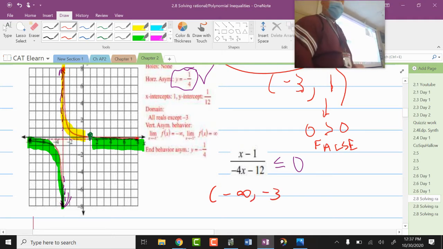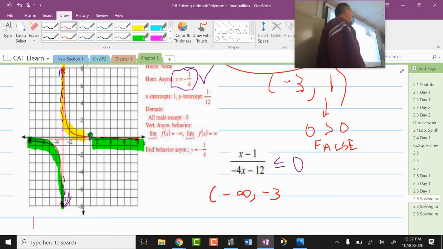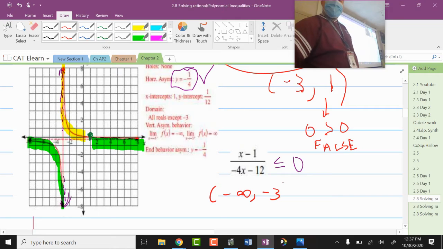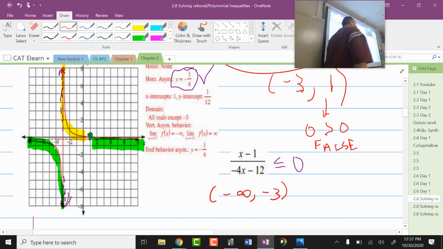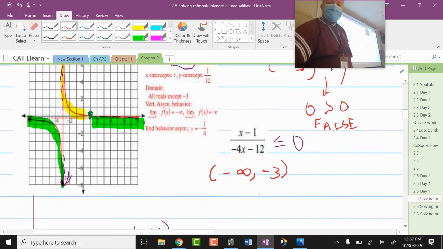What do I put, a parenthesis or a bracket? Oh. Why is it a parenthesis? It is an asymptote. So when I plug in -3, I'm getting undefined here. Undefined is not less than or equal to 0. That's a false because it's not even a thing. It doesn't even evaluate.